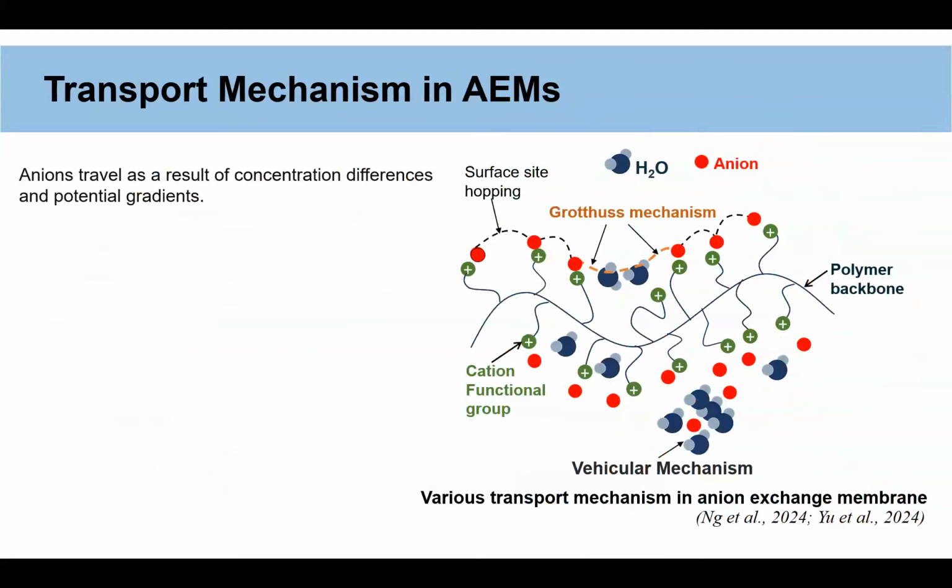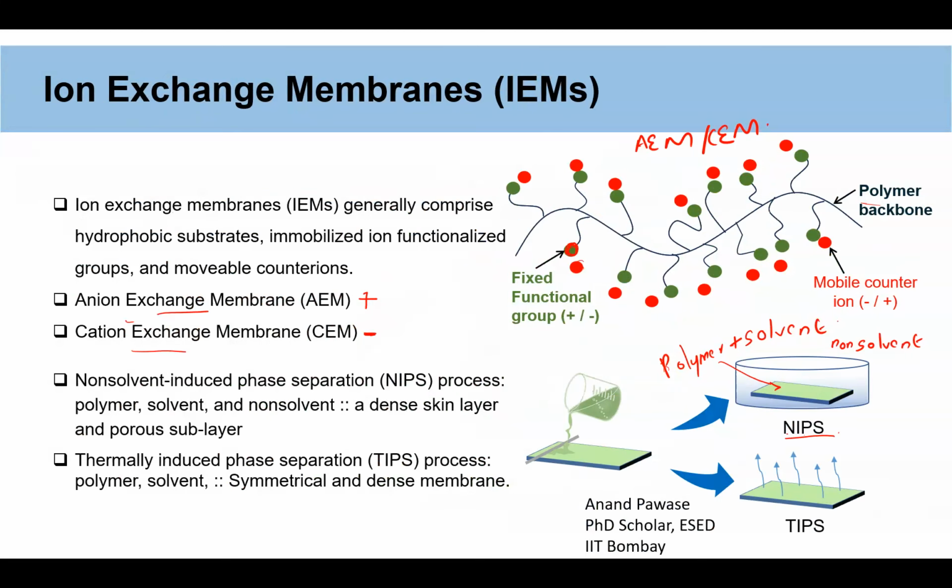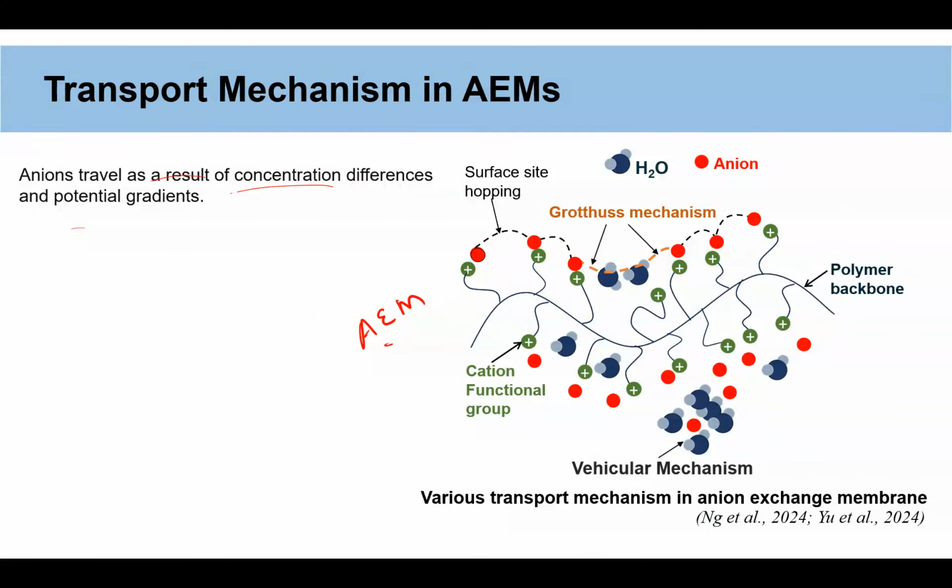And here you can see he has explained about the anion travel, as a result of concentration difference and potential difference. Here you can see, in an anion exchange membrane, how the charge floating or charge exchange takes place. The anion exchange membrane is positively charged, and the positive functional group is fixed in the polymer backbone.